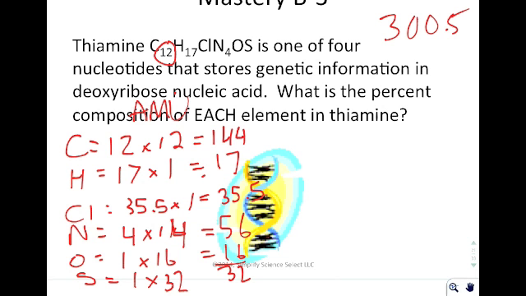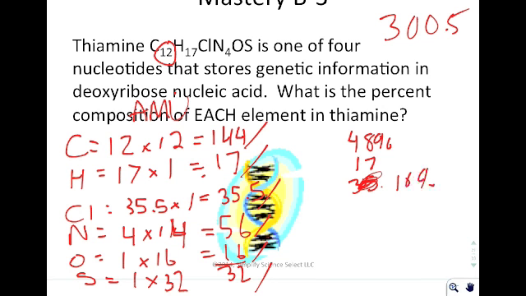Now that you have 300.5, you can divide each one of these by 300.5 to figure out the percent composition. When you do that, you end up with roughly 48% carbon, about 17% hydrogen, about 35.5, that's not right, it's roughly 10% chlorine.